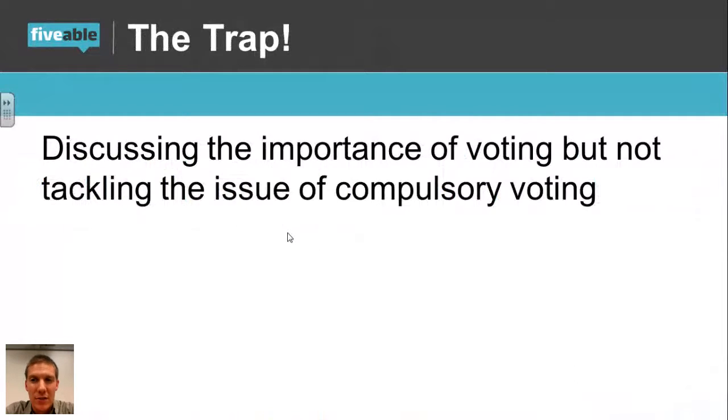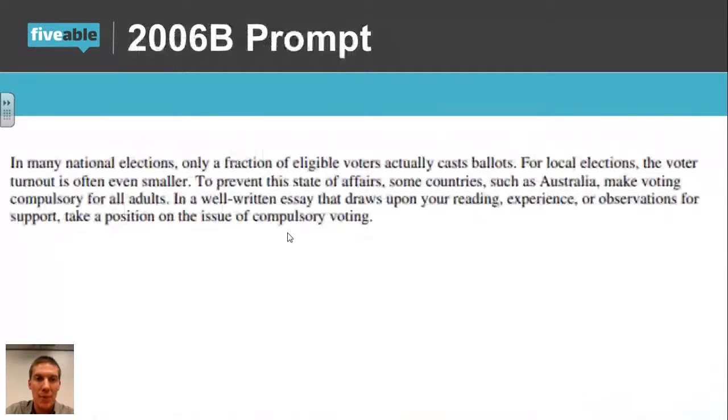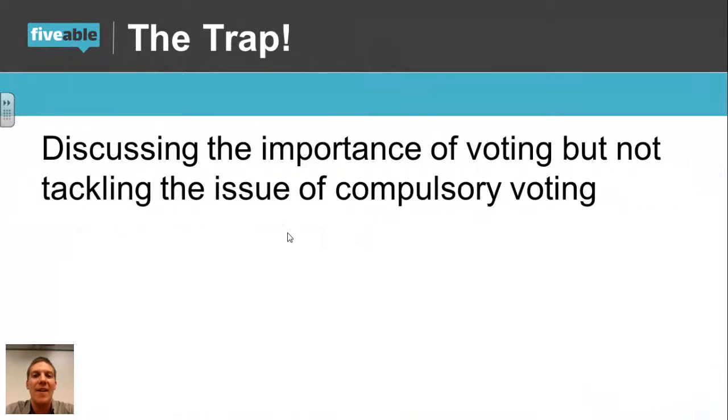All right, here's the trap of this prompt. Discussing the importance of voting, but not tackling the issue of compulsory voting. Every time, no matter if it's my students or other students, that I see students writing on this prompt, so many students say, you should vote and this is why. But that's not what the prompt is asking.